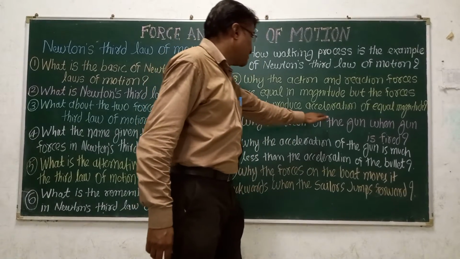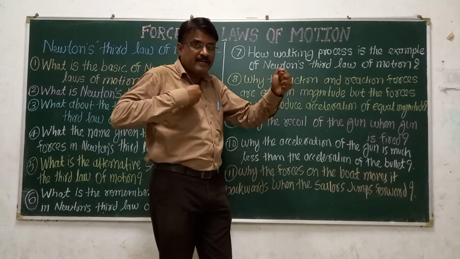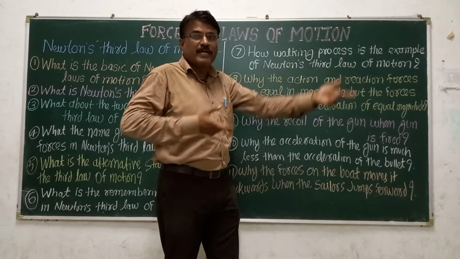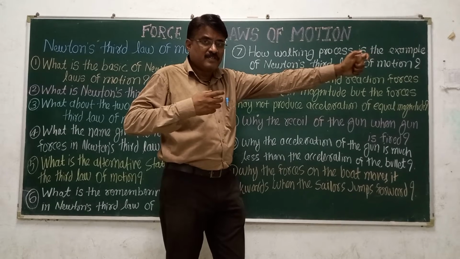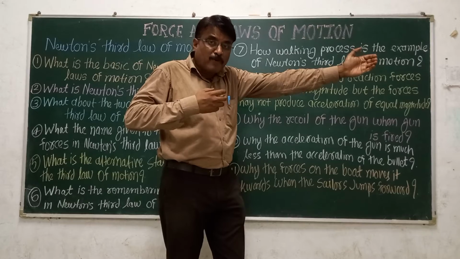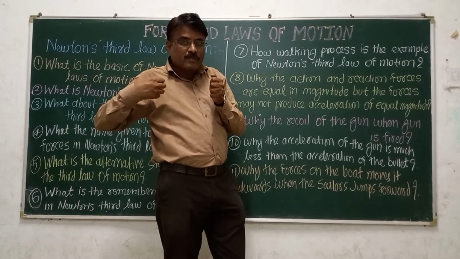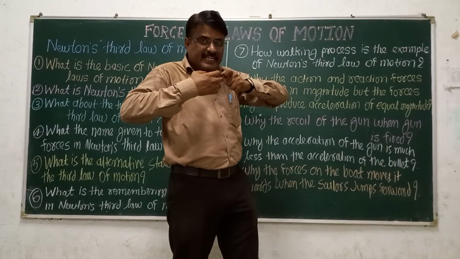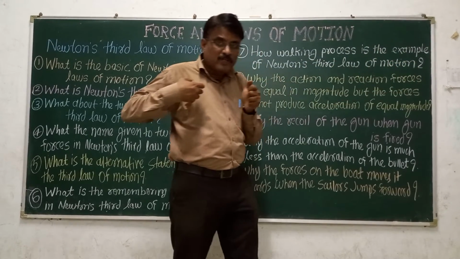Why is there a recoil of the gun when the gun is fired? When the gunman fires the bullet from the gun, the speed of the bullet is very large, and due to that, an equal and opposite force is exerted on the gun. The bullet has acceleration and velocity, and it exerts an equal and opposite force on the gun.